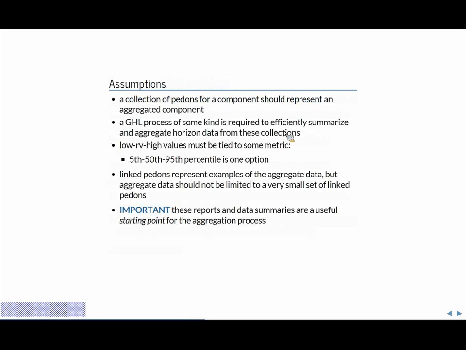So in this process, we're making some assumptions, and they're fairly straightforward assumptions. We're saying that a collection of pedons for a component should represent the aggregated data, and this is looking at things from a more data-driven type approach.